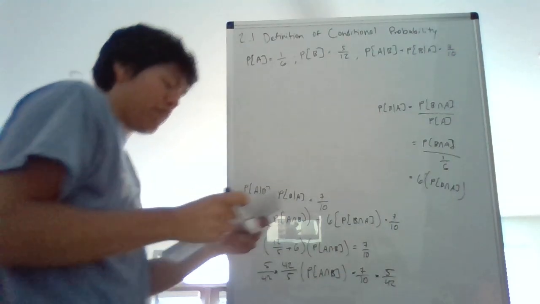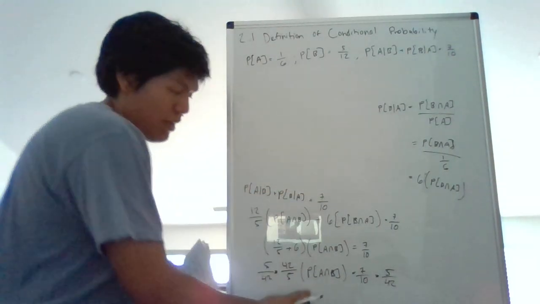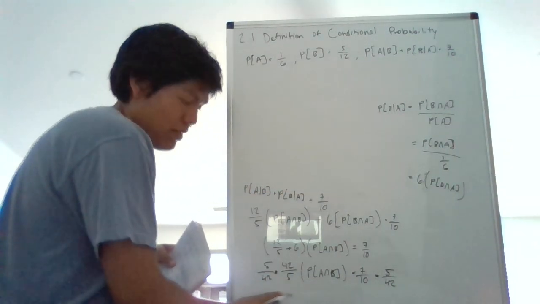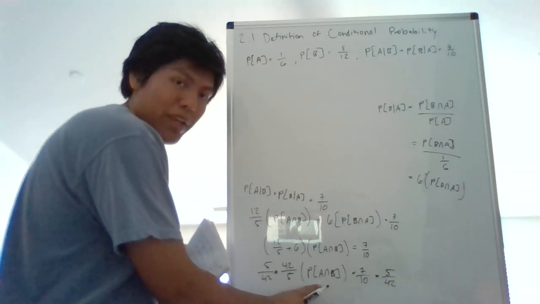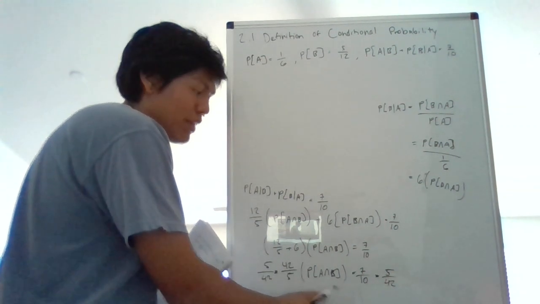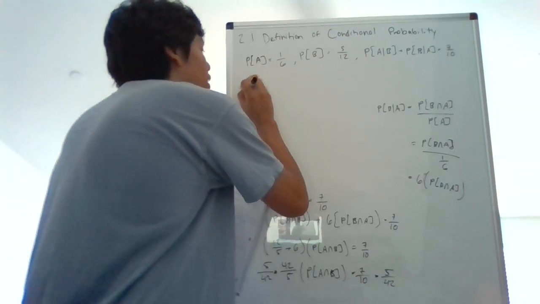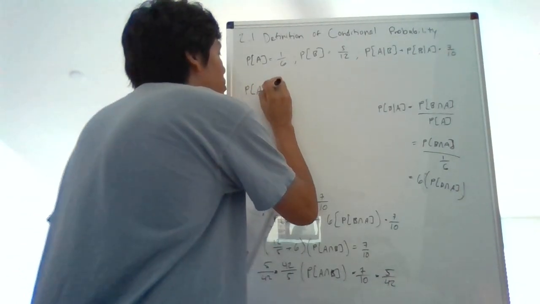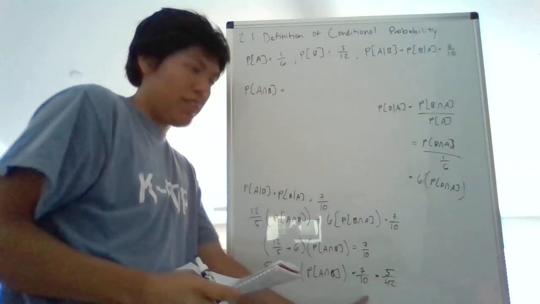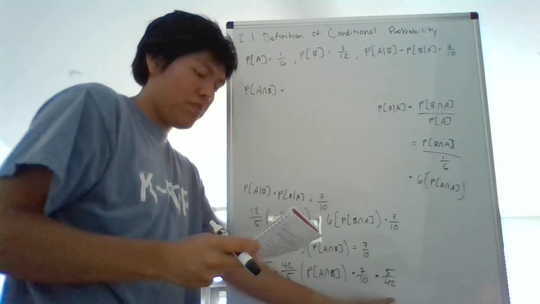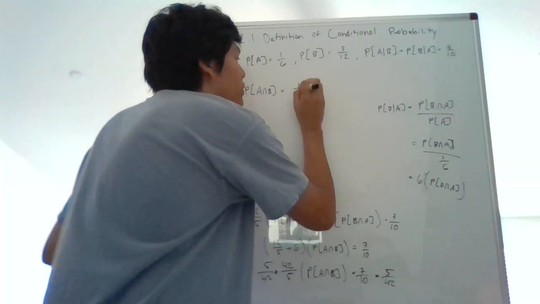That way we only have the probability of A intersect B on this side. So the probability of A intersect B is equal to 7 over 10 times 5 over 42, which is 1 over 12.